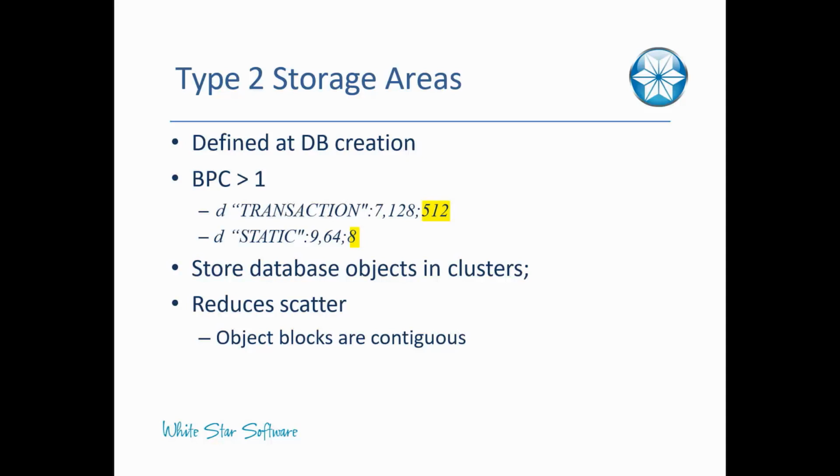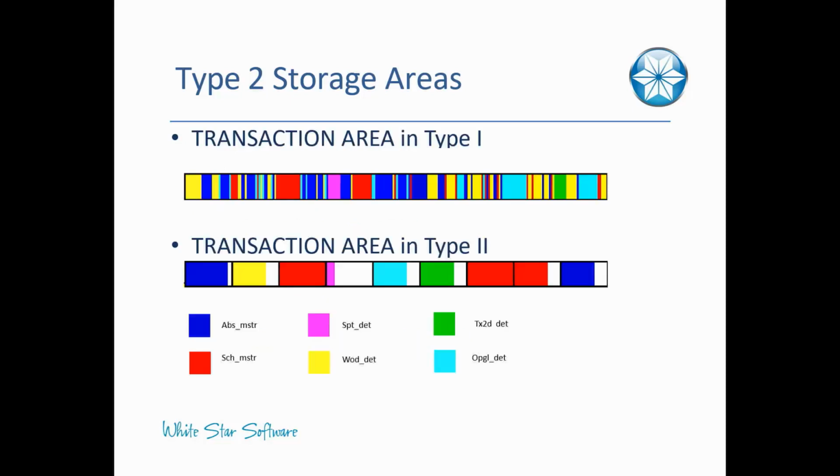So in type 2, all the blocks are grouped together in clusters. And this helps reduce scatter because all the blocks are contiguous. So if you look at this example here, if I have a transaction area and everything is stored in a type 1 storage area.